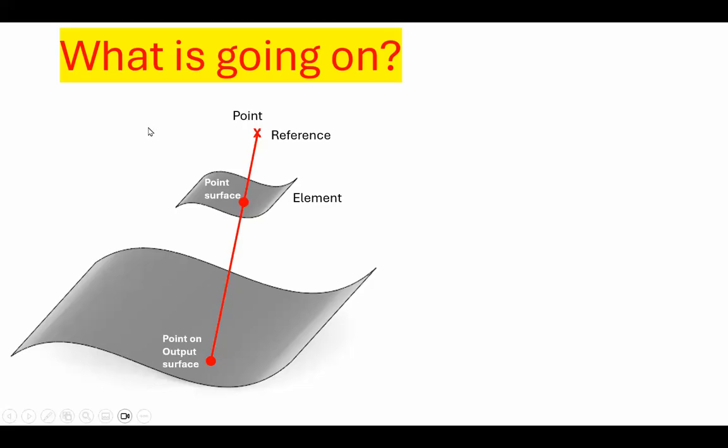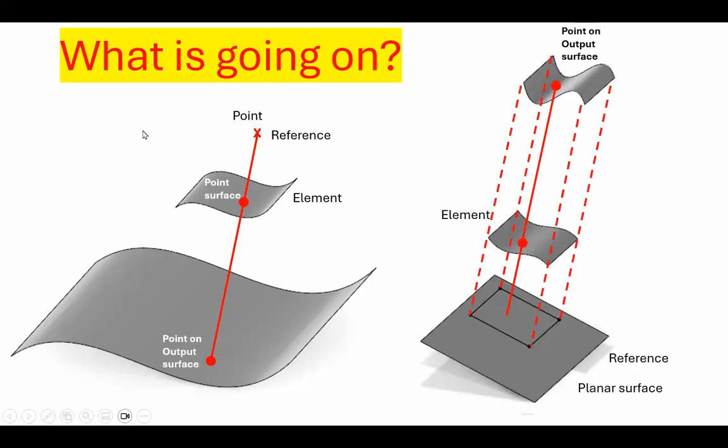On the other hand, a planar surface can be selected. So here's a planar surface, which you can select as a reference, and you have an element right here, which is your surface. When you select this surface as element and this planar surface as your reference, it takes the boundaries of this surface, projects it on that planar surface, and then extends it in the same direction by the factor that you want.